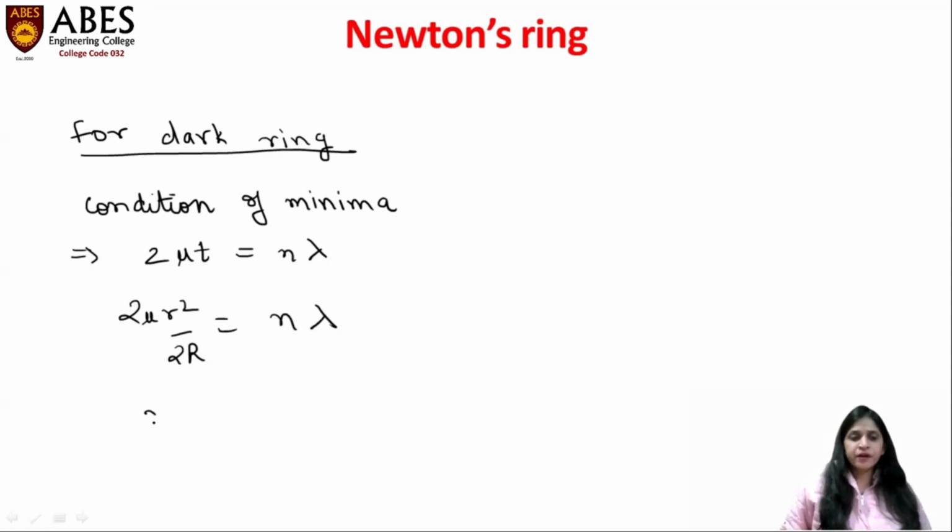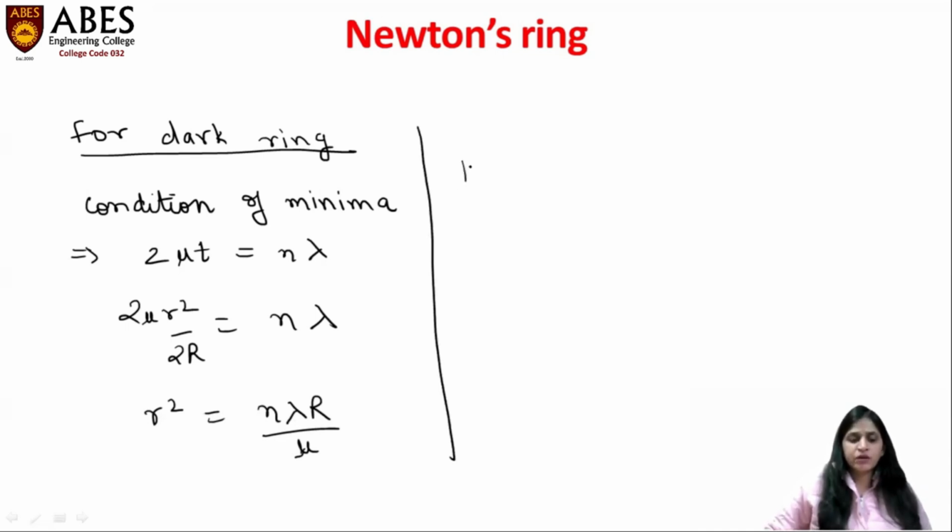Okay, from here, as we have to calculate the diameter and small r is the radius, let us mold the whole equation towards r. So r square is n lambda R upon mu. Before calculating the diameter, let us talk about the radius.